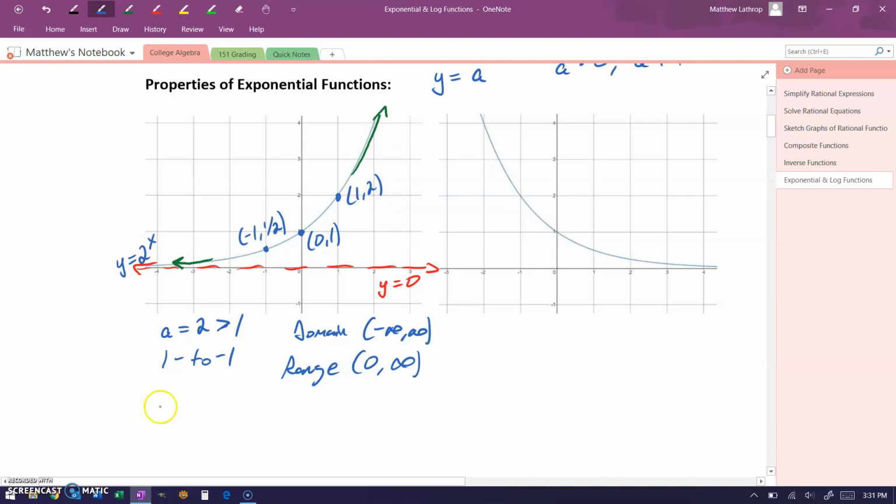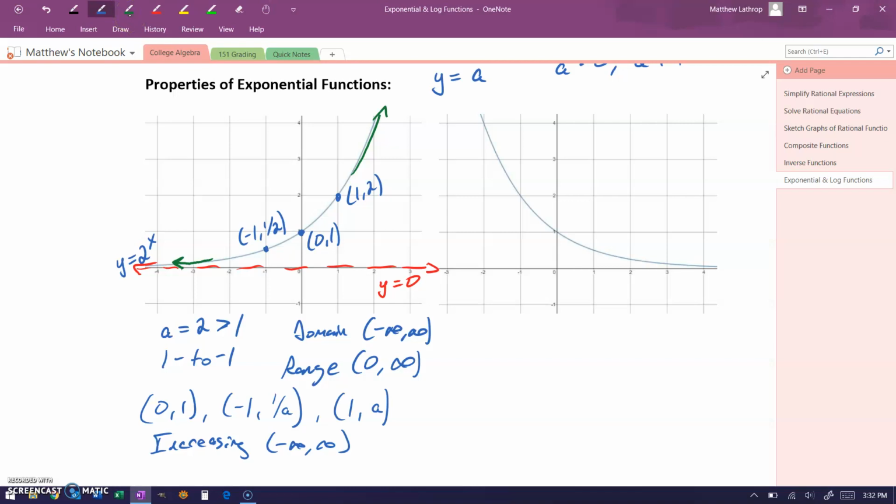To generalize that, we could say that our exponential function, in the case where a is greater than 1, will always hit the points (0, 1), (-1, 1 over whatever our value for a is), and (1, a). We can also say that our function is increasing for all real numbers, or on negative infinity to positive infinity.